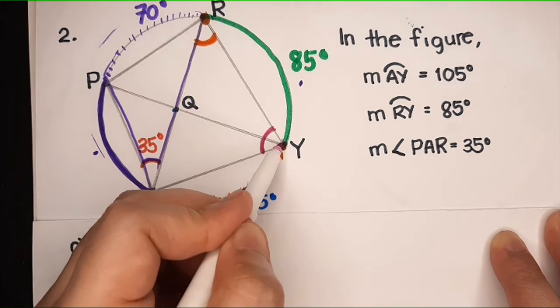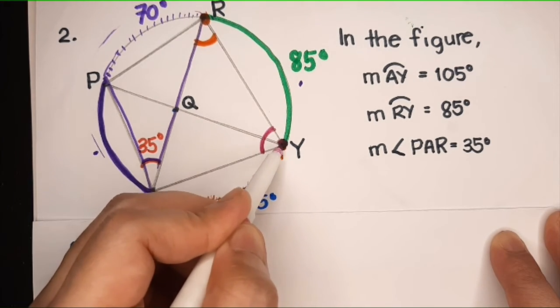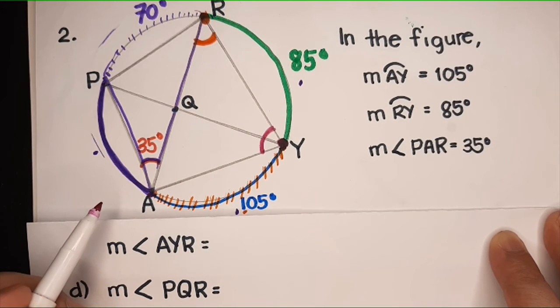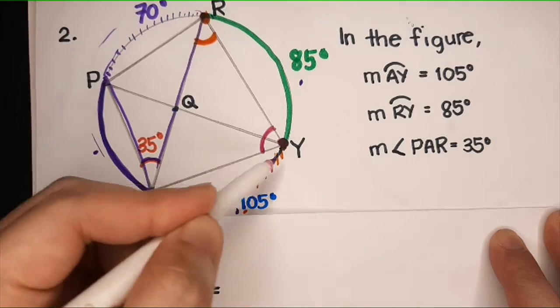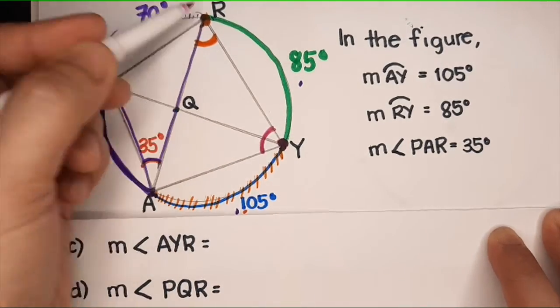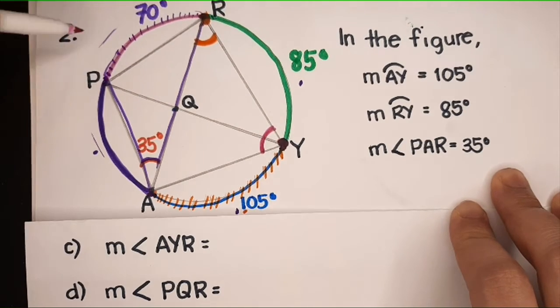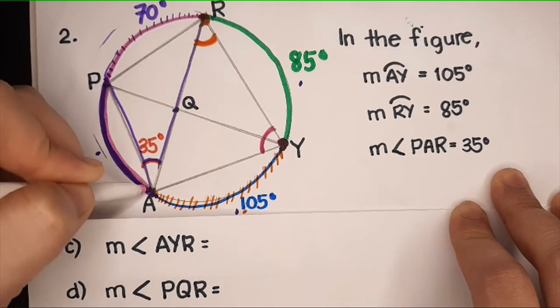Okay? Because its vertex lies on the circle. Where is the intercepted arc of angle AYR? Ito yon. Let me color it pink. Here. Oops. That one.